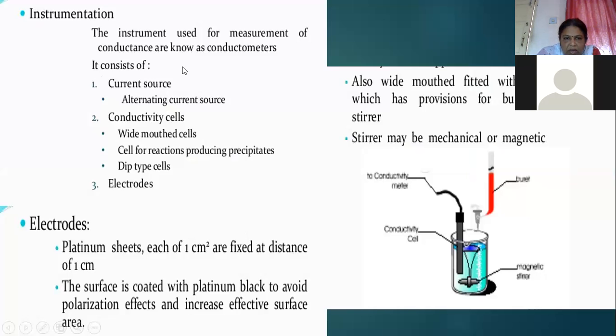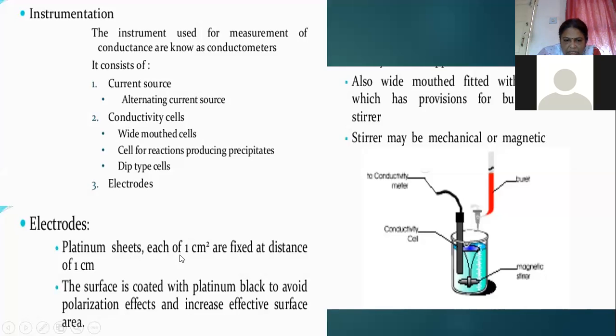So the instrumentation part of conductometry needs a current source, then a conductivity cell, and an electrode. Here this electrode is a special kind of electrode. You can see this diagram. It is composed of two platinum foils.